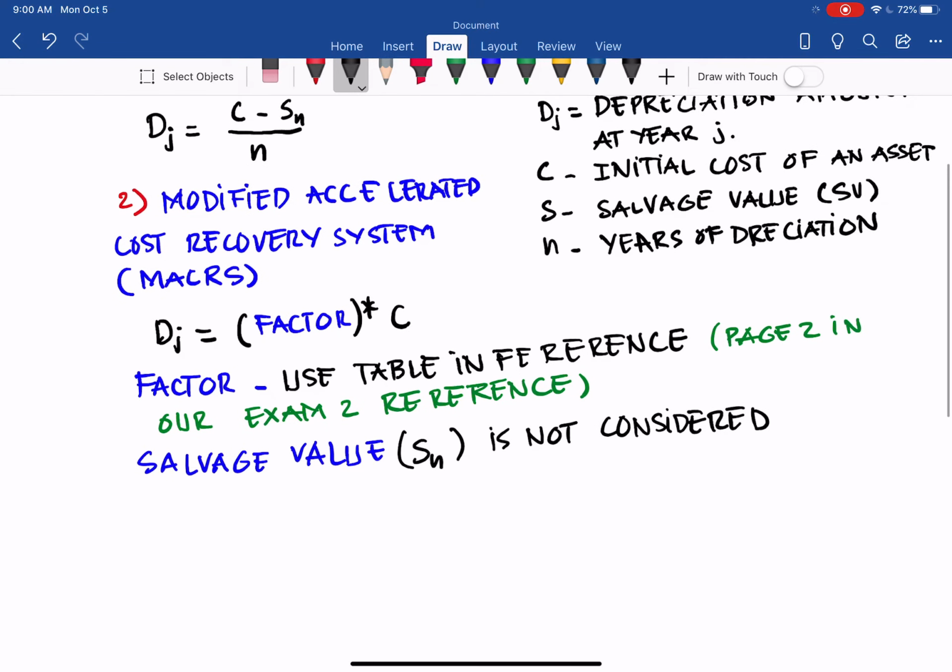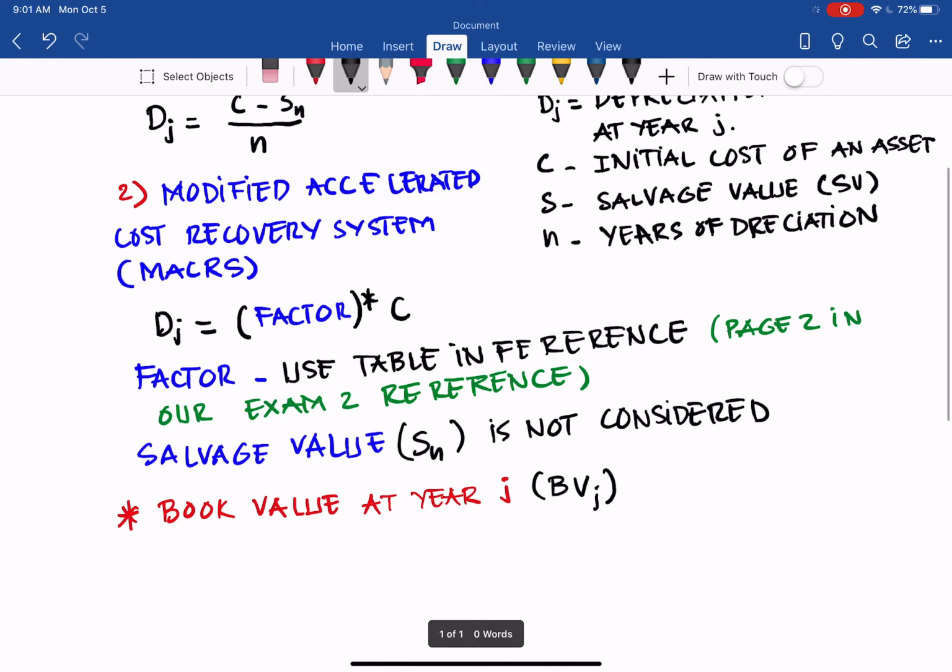And when you have depreciated after several years, we can determine the book value. What is the value left after we depreciated certain years? That is the book value. Last one, and it applies to any method. We have book value at year J, which we call BVJ, book value at year J. How to determine that?